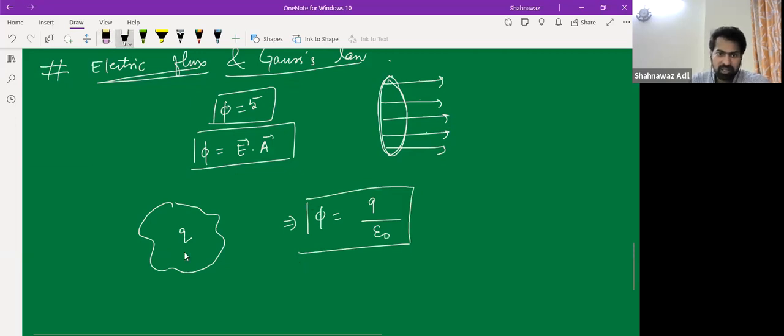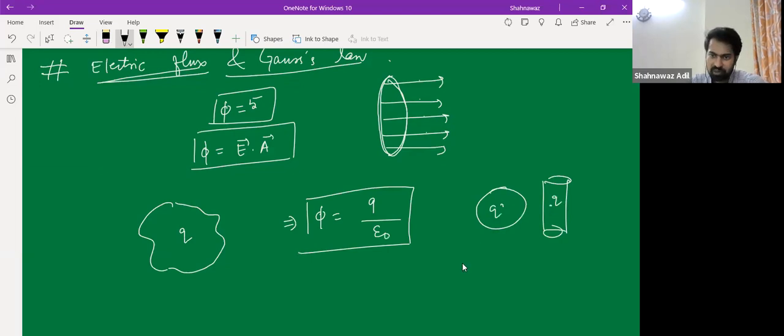And this doesn't depend upon shape. Whatever is the shape, the flux would simply be Q by epsilon naught.